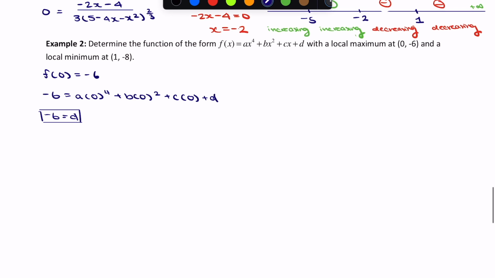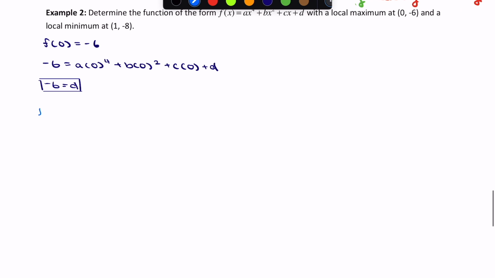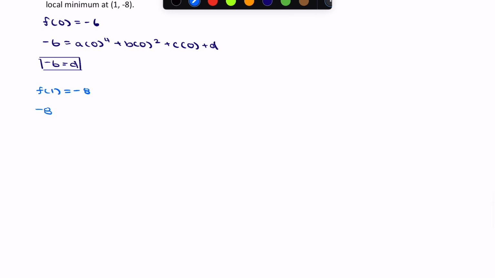And here we know again also that f(1) is equal to -8. If we set that in, we have -8 = a times 1^4 + b times 1^2 + c times 1 + d.